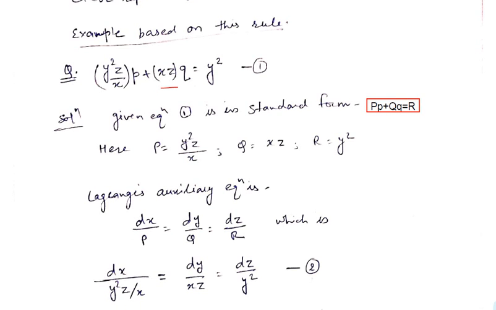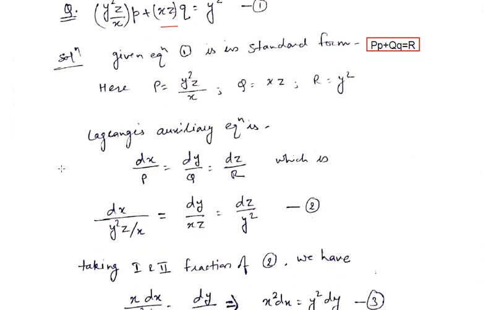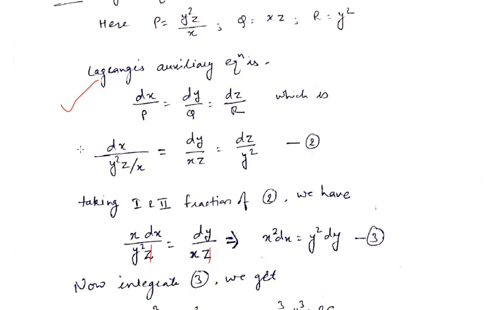We know the Lagrange equation is dx upon P is equal to dy upon Q is equal to dz upon R. Simply putting in the values of P, Q and R, we get dx upon (y squared z upon x) is equal to dy upon xz is equal to dz upon y squared.